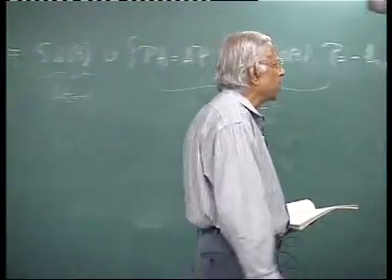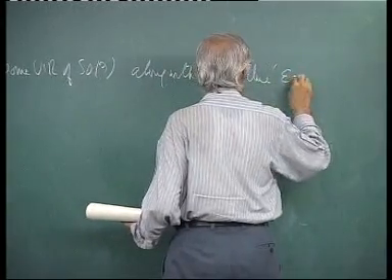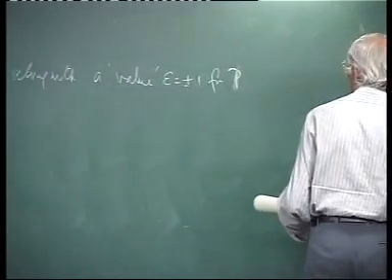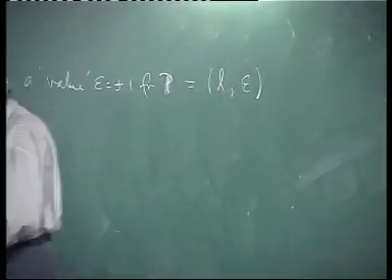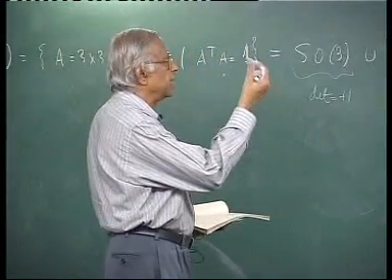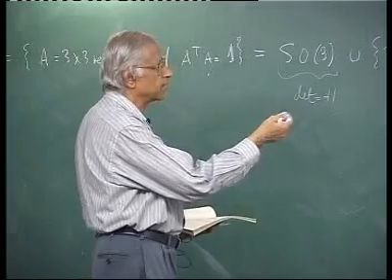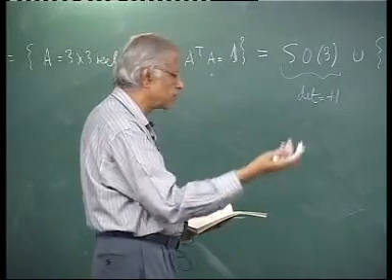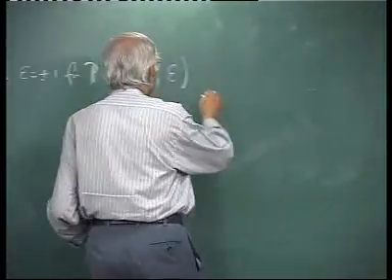So the only options are a value epsilon equal to plus or minus 1 for the element P. So this means that an irreducible unitary representation of the full rotation group is labeled by a pair of quantities, L, which is as usual quantized to have value 0, 1, 2, 3, and an epsilon which is either +1 or -1.